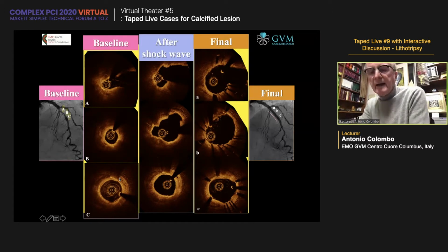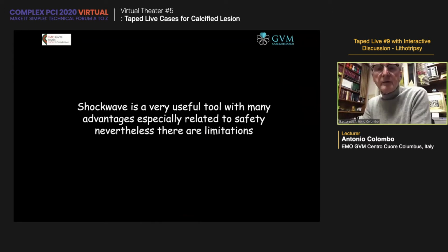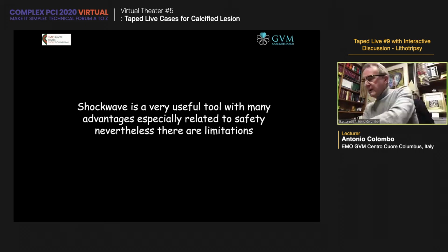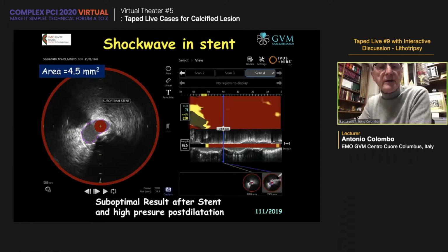And again, I am impressed not so much by the lumen gain, but by the circular morphology. Having shown these, I would like to add that shockwave is a very useful tool with many advantages, especially related to safety. Nevertheless, there are limitations, and we should not assume that this device is good in every situation.